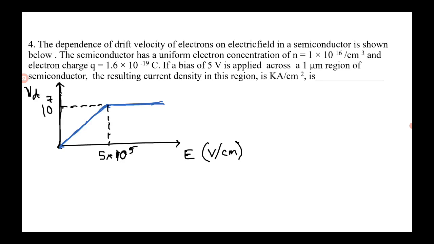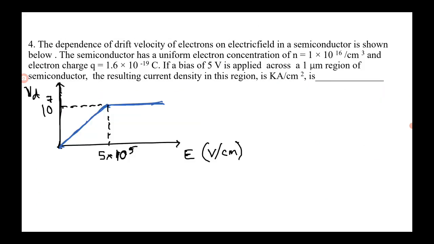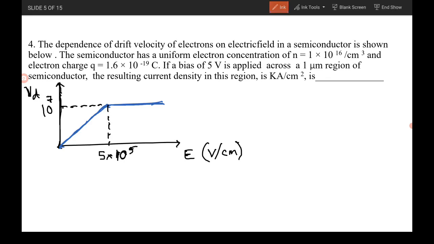In this question you can see the dependence of drift velocity of electrons on electric field in a semiconductor. Here the drift velocity is given with respect to the electric field. There is a graph between drift velocity Vd and the electric field.